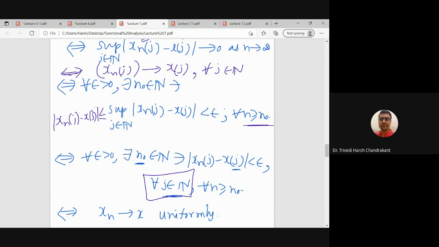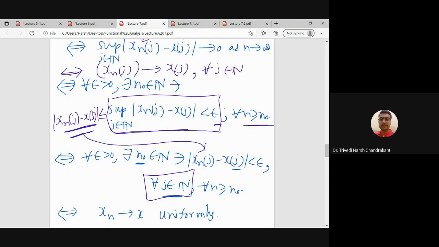So maximum is basically the supremum we are taking. Here we are taking a particular j, but here we are taking supremum over all j. So that is bigger. And if this is less than epsilon, then this will also be less than epsilon because it is smaller than supremum. Right. So this thing we have written here is less than epsilon, and that holds for every j.